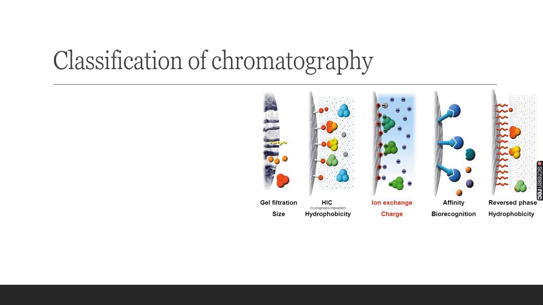There can be different kinds of interaction. The first one is gel filtration, which depends on size. Molecules may go inside the gel matrix depending on their size. A smaller particle can go inside but a larger particle cannot go inside the hydrogel or gel beads.